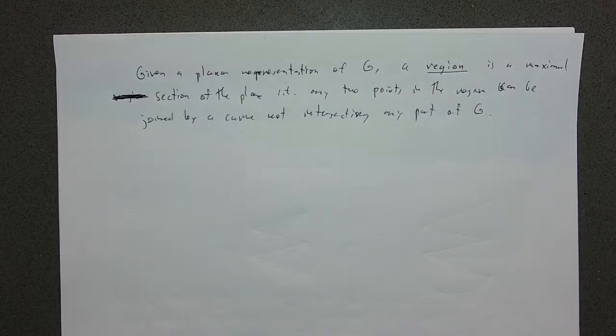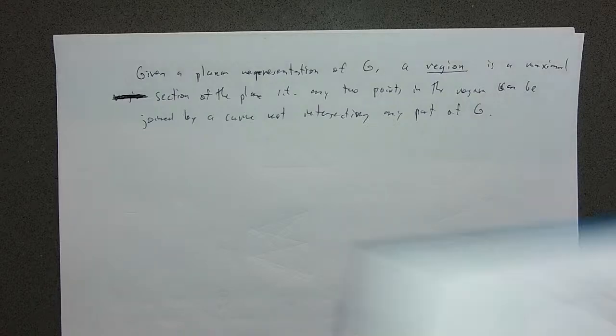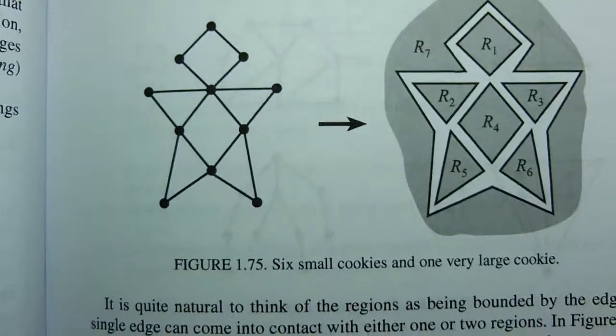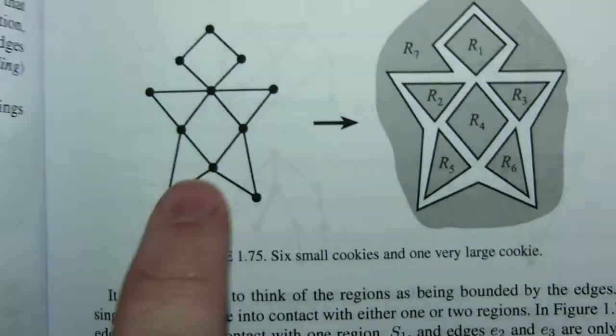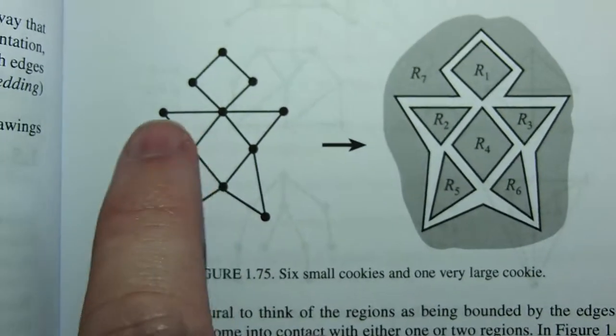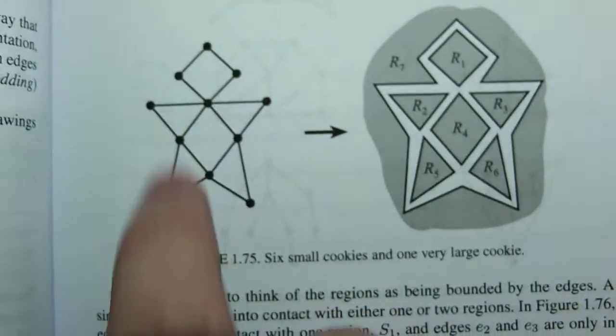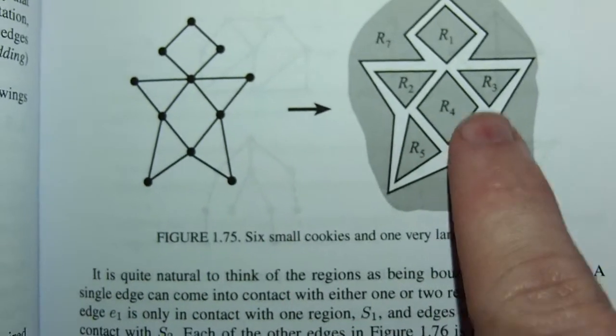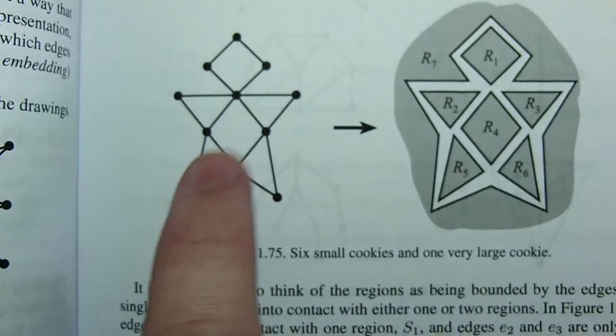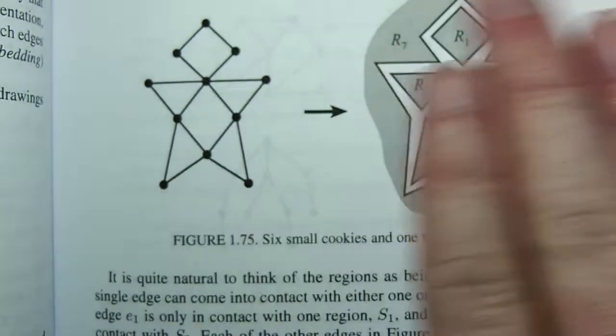So a quick way of viewing this. Here's a canonical example. If the graph G is on the left, this is a planar representation of G, and the regions that this causes look like this. It's like if you imagine this being a cookie cutter mold with dough down.